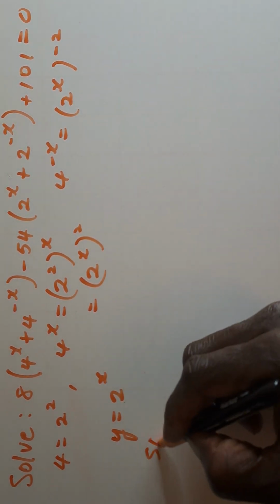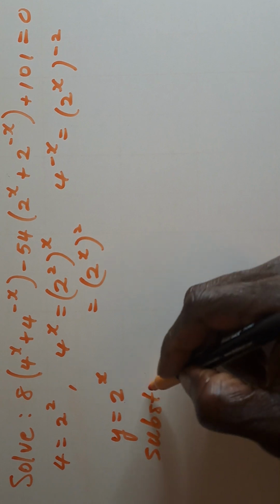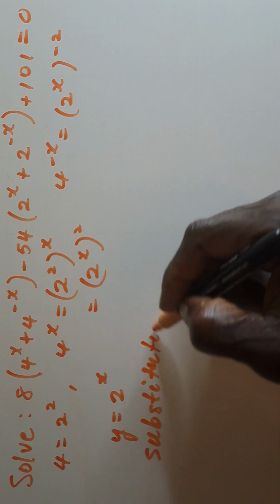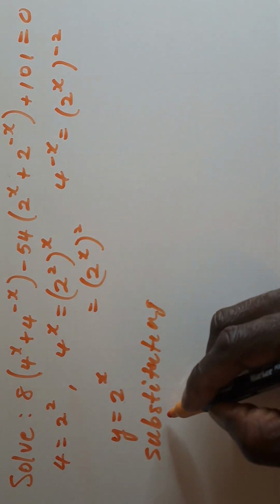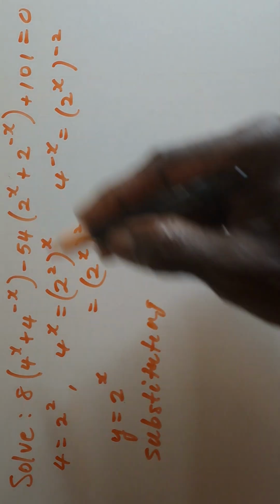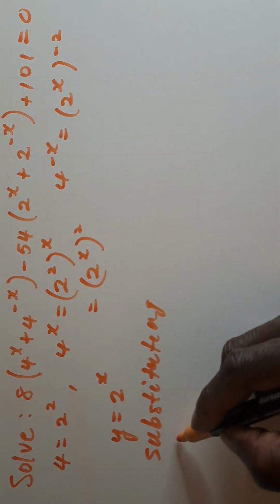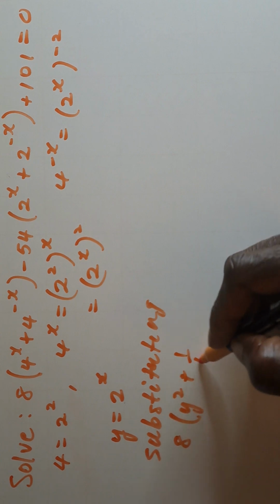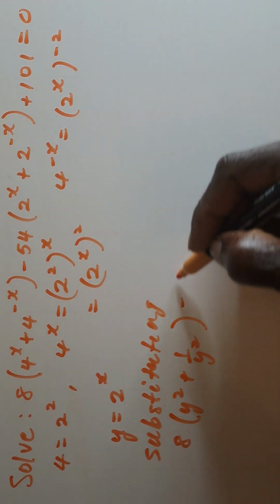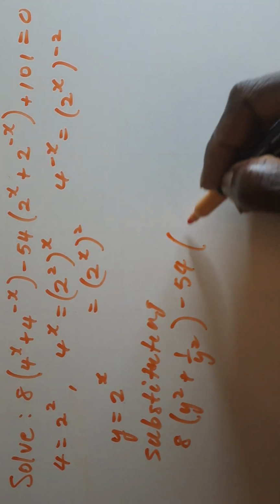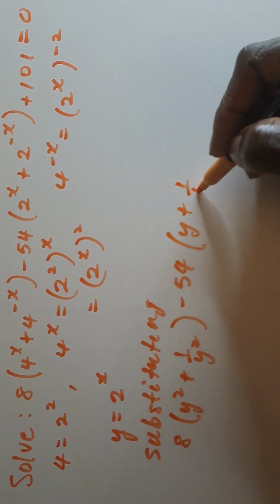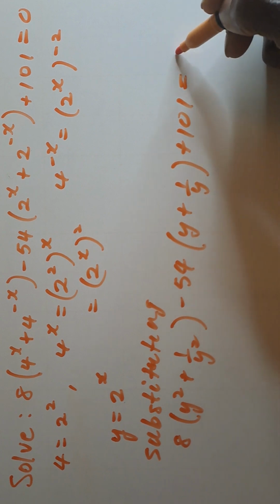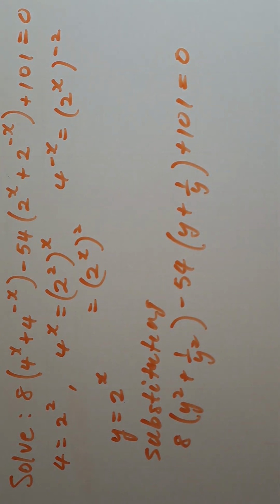So substituting in the original equation, we have 8 y squared add 1 over y squared minus 54 y add 1 over y add 101 equal to 0.